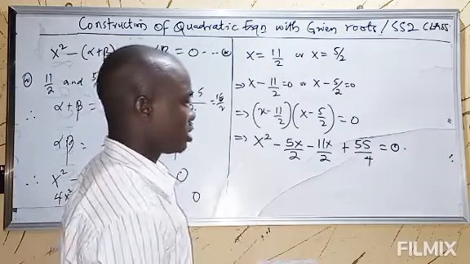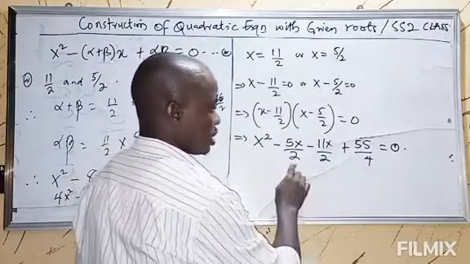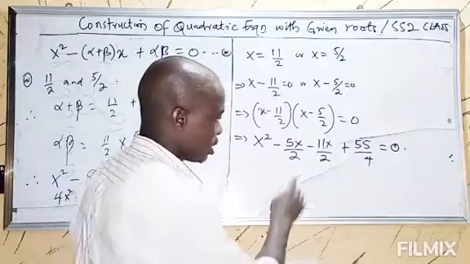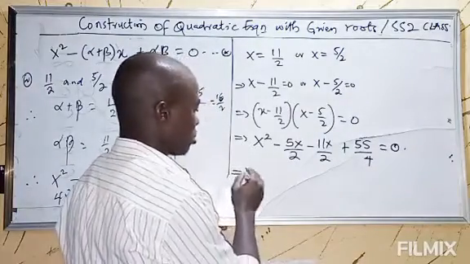So from here, what is the next thing to do? You can see that we take the LCM of the denominator. We have 2, we have 2, we have 4. So the LCM is 4. You multiply all through by 4.